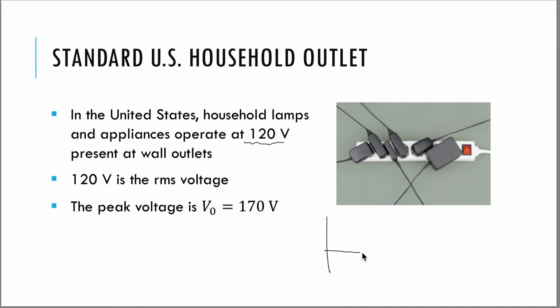We're getting a voltage that is oscillating back and forth. The frequency of that voltage and current is actually 60 hertz. The maximum voltage is 170 volts. So 120 is actually the RMS voltage, and we're going to learn what that means in the next video.